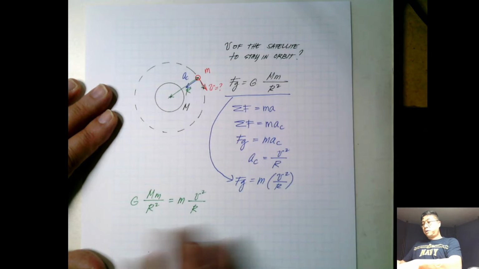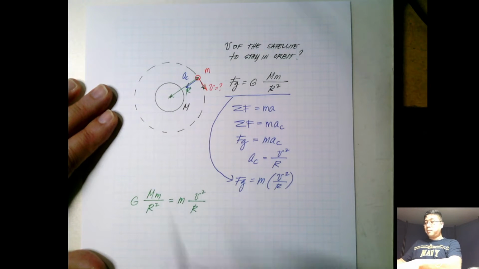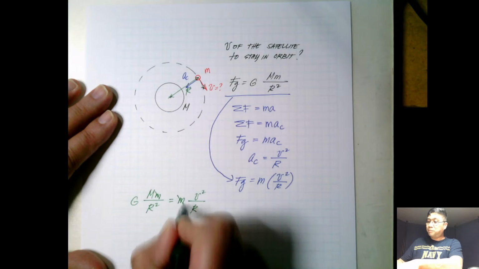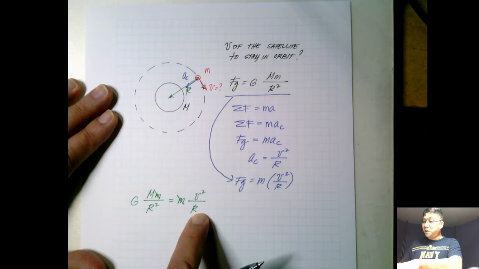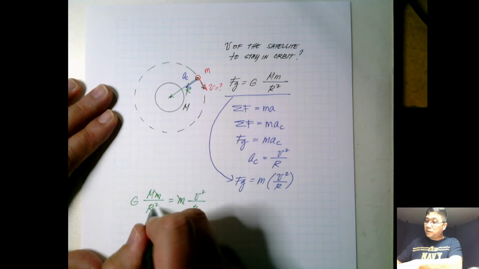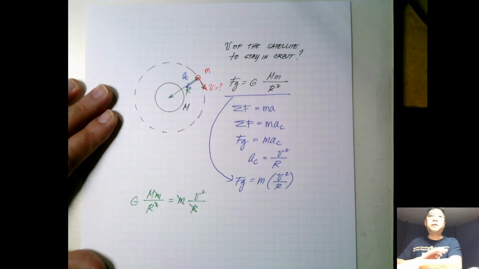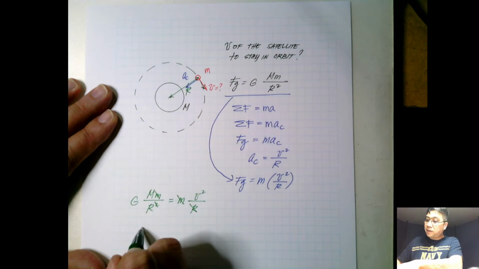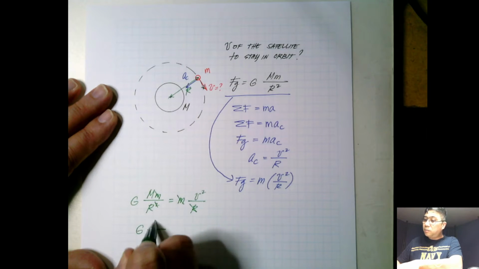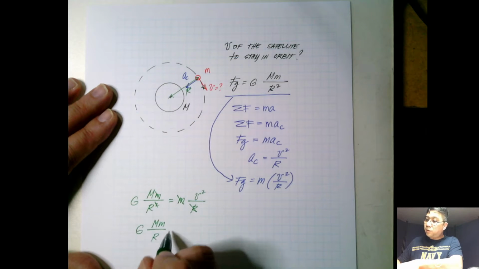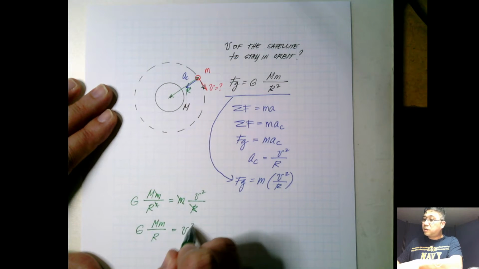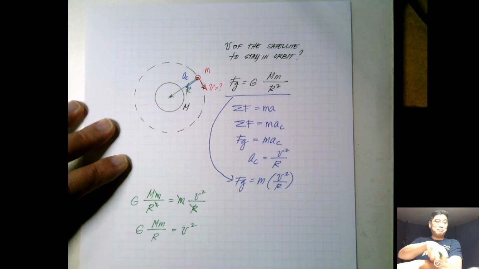Right away we notice that if I divide both sides by m, the mass of the satellite, I can cancel the m. And if I move r to the other side, I cancel one of the r's. So G, M over r is equivalent to v squared. But I'm not solving for v squared.